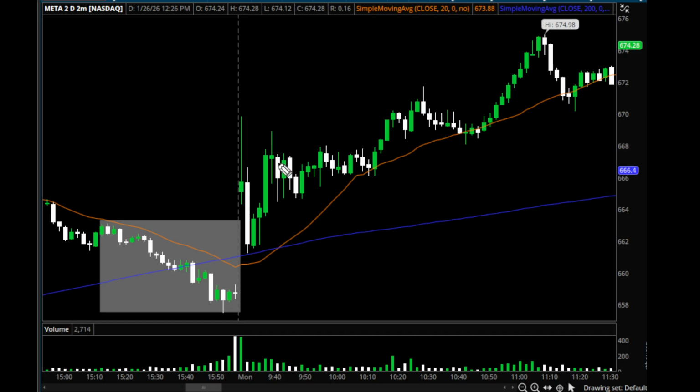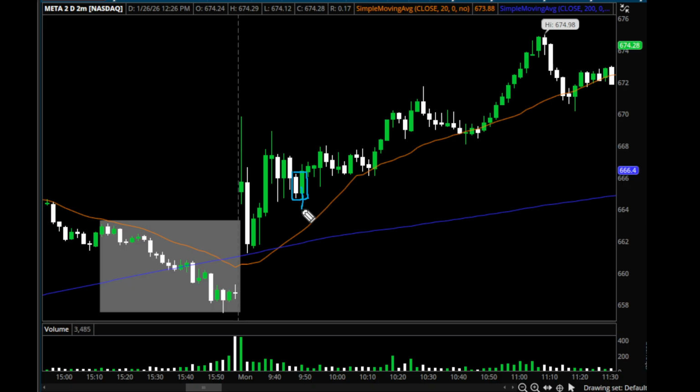But I wouldn't have taken this because the SMAs were not where they were supposed to be. They're crossing, so it's not terrible. I could see taking it, but it's better to have more of a direction in the SMAs. So I would like to wait for the next one, which would be this one. That one there.